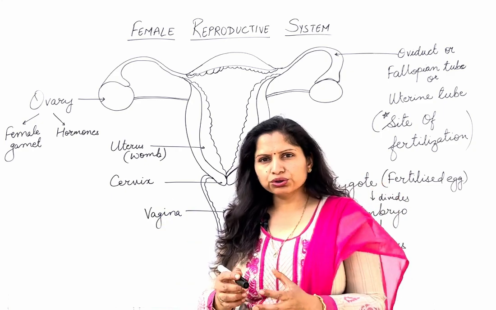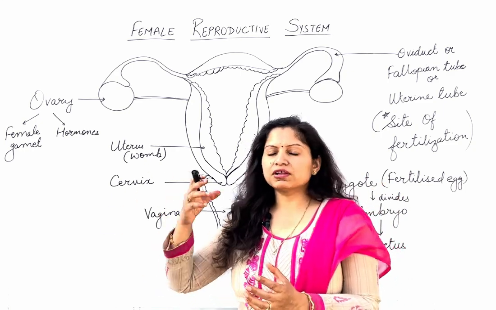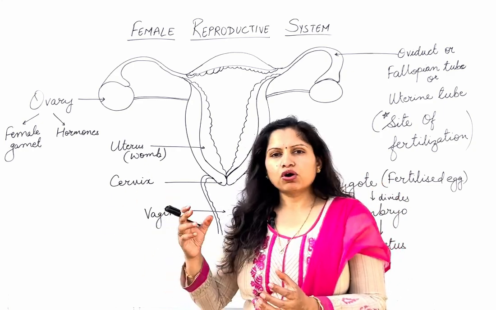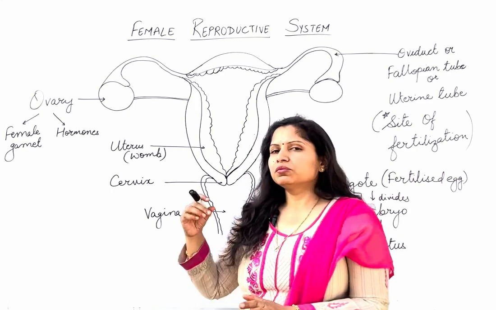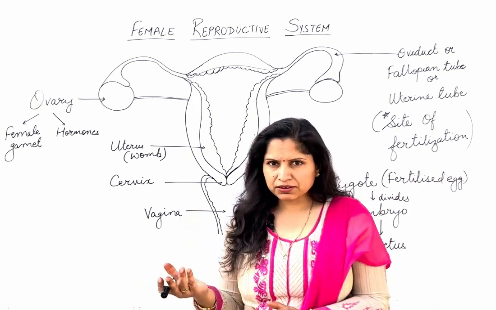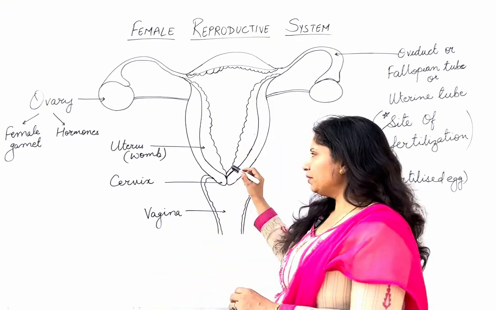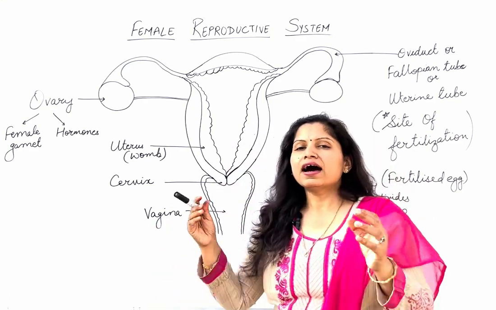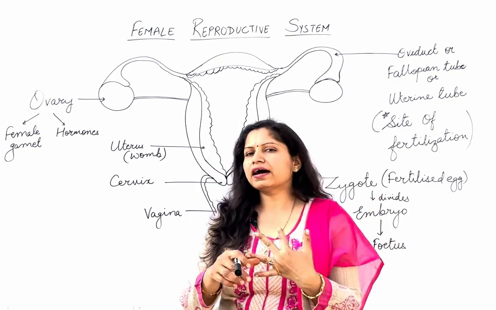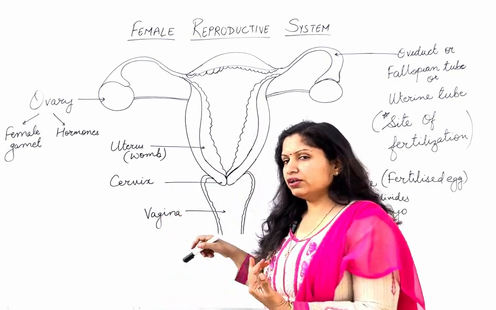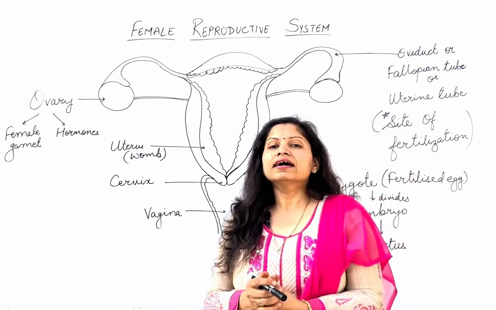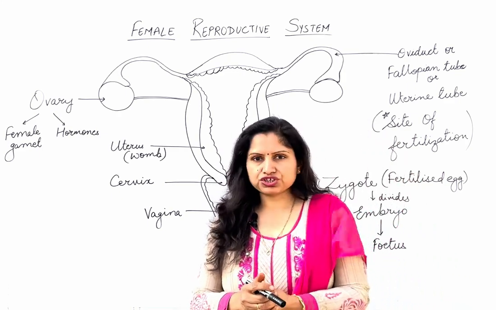The fertilization has not taken place, and so whatever extra growth was there will be removed from the body, and this mucus and blood is going to come out of the body, passing through the vagina, and that only is known as menstruation.